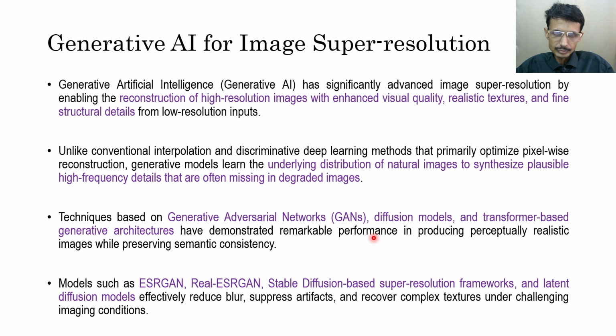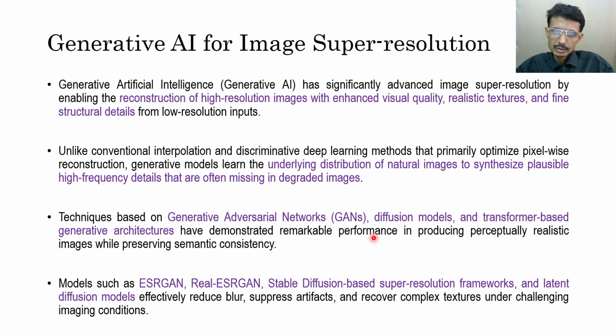What it primarily does is try to understand the underlying distribution, and accordingly reconstruct or synthesize the new patch or new part of the image. Unlike conventional interpolation or discriminative deep learning methods that primarily optimize pixel-wise reconstruction, generative models learn the underlying distribution of the image to synthesize plausible high-frequency details that are often missing in the degraded image.